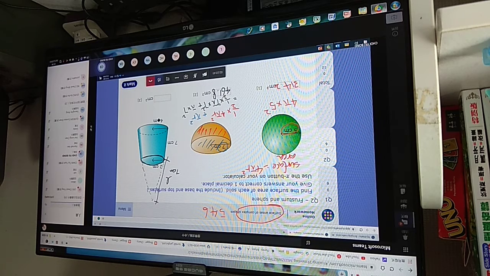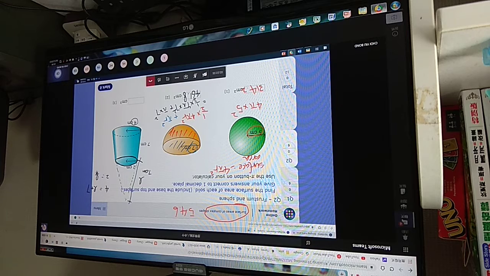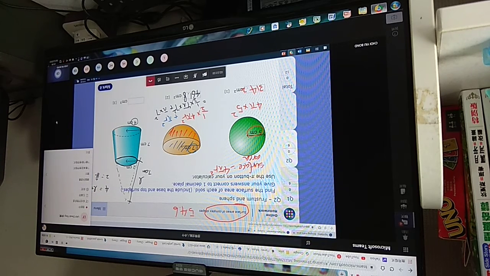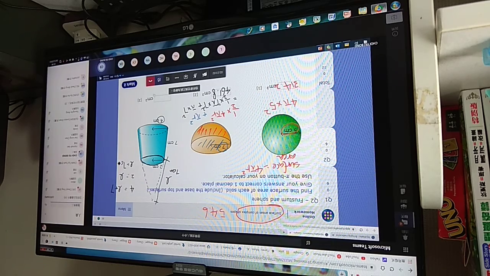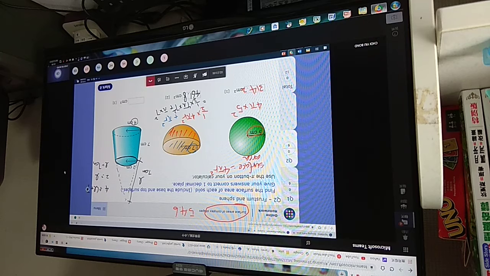Why? Because if we have 4 cm here, we have L plus 7, and 2 cm, we have L. It is the ratio.